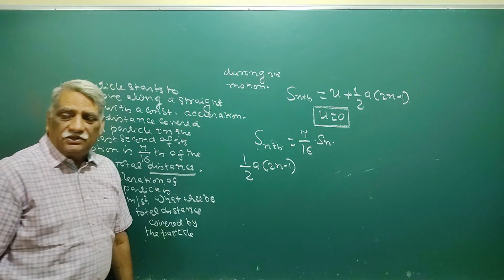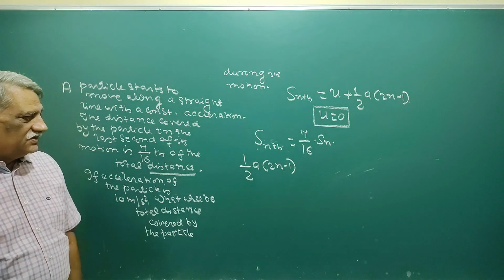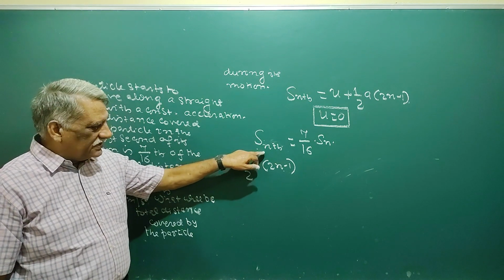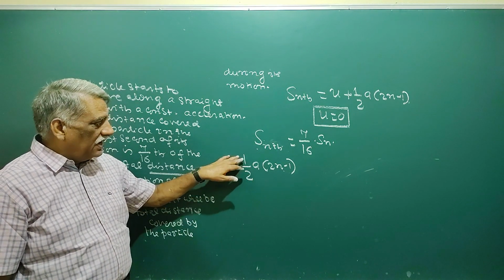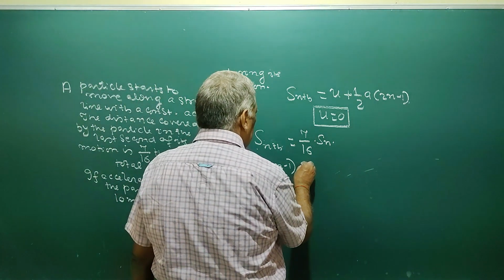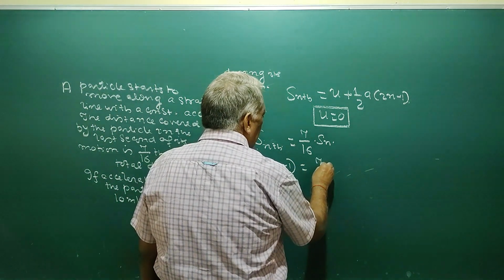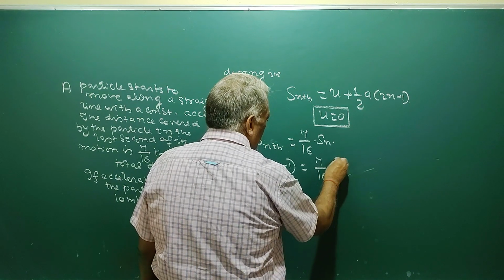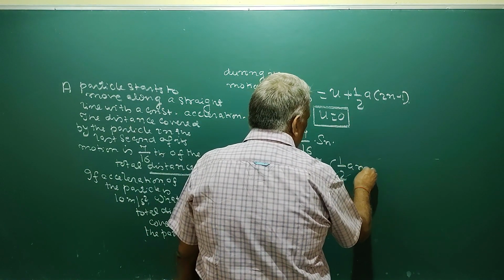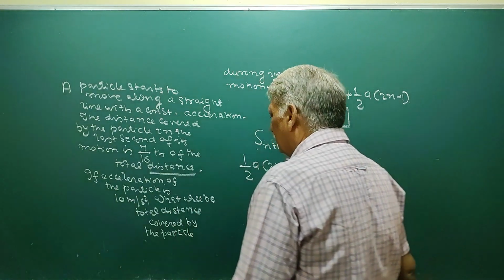If the particle is in motion for n seconds with initial velocity 0, then the distance covered by the particle in the nth second will be half a into 2n minus 1, equal to 7/16 of, and what will this be? Half a n square, right?